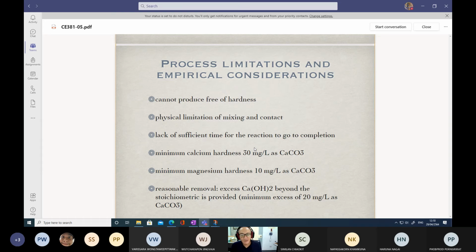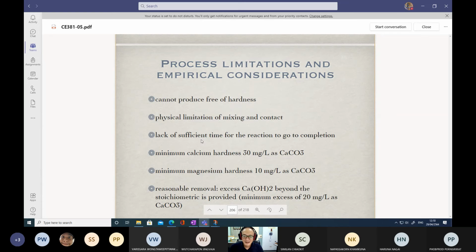Even if we add a lot of lime, even if we add extra amounts of lime beyond the stoichiometric requirement, still we cannot get rid of 100% of the hardness. It's still there, 40 milligrams per liter. We cannot produce water free of hardness.